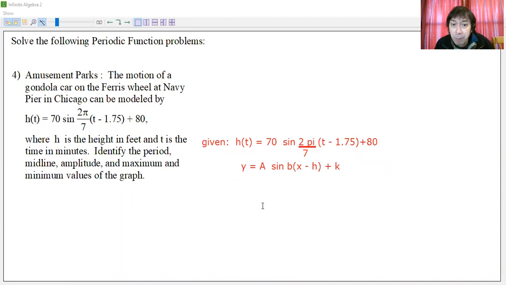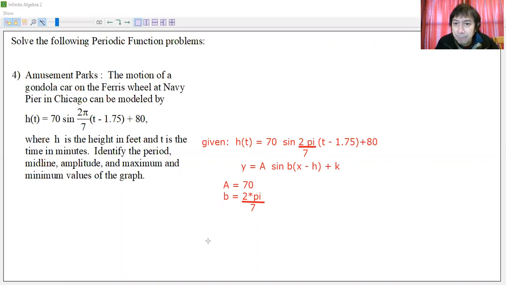And you can compare the numbers, okay? This means A is equal to 70 there. And our small b is 2 pi over 7. So that means 2 times pi over 7 there with a fraction like that. That's our b.